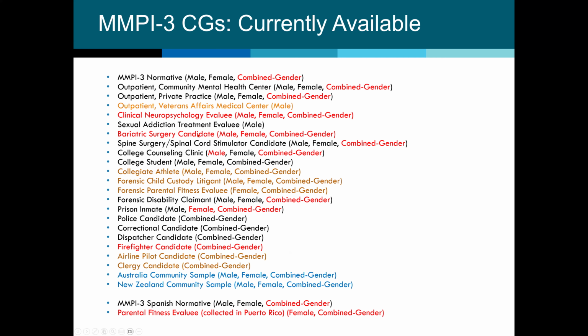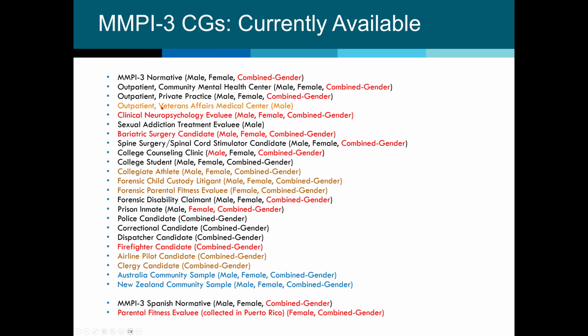We've added bariatric surgery candidate samples, male, female, and combined gender, and added that male college counseling sample that we did not have when the test was first released. We've also added female and combined gender prison inmate samples, as well as firefighter candidates.